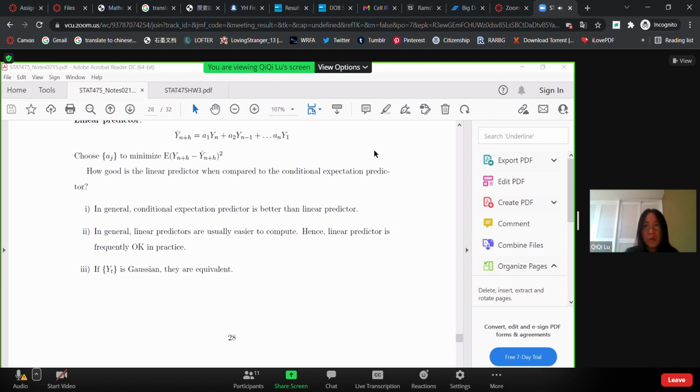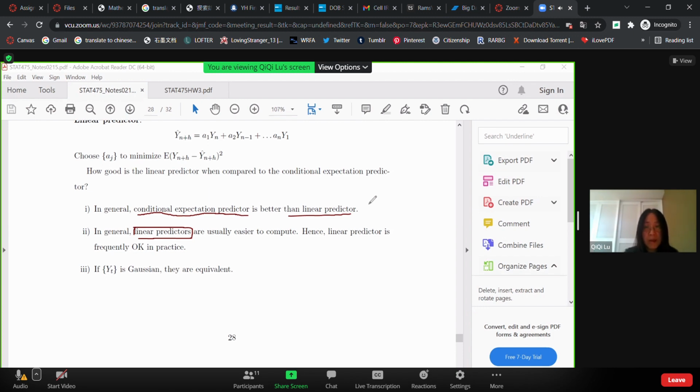So 2 methods, which one is better? Or in general, which one should you use? We know the first one, the conditional expectation predictor, is theoretically better than the linear predictor. But in practice, linear predictors are easy to compute, and sometimes it's hard to find the conditional expectation.